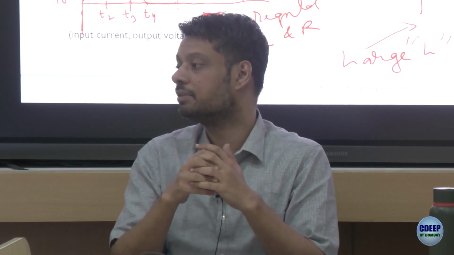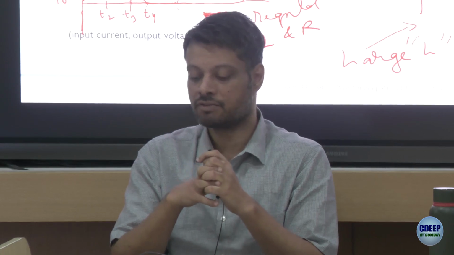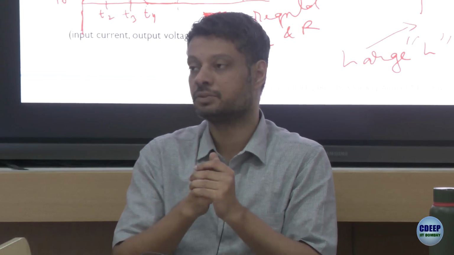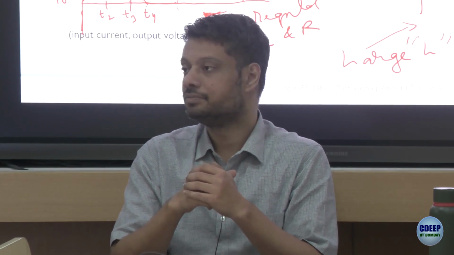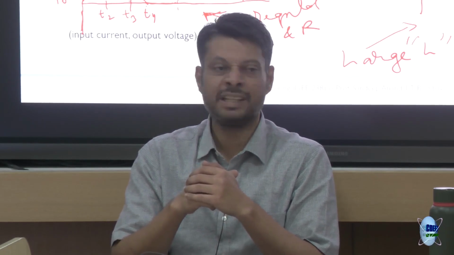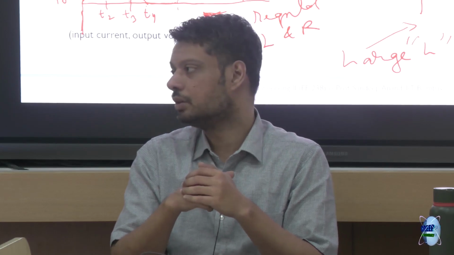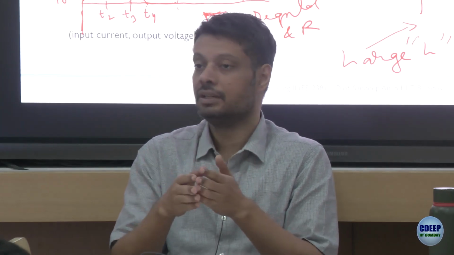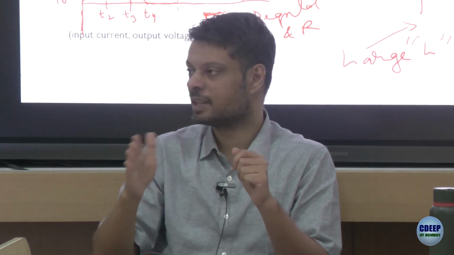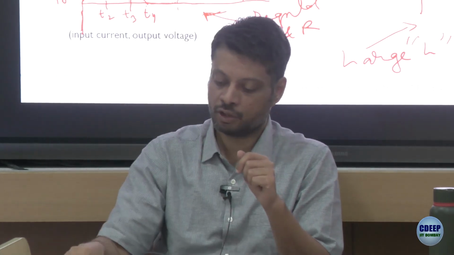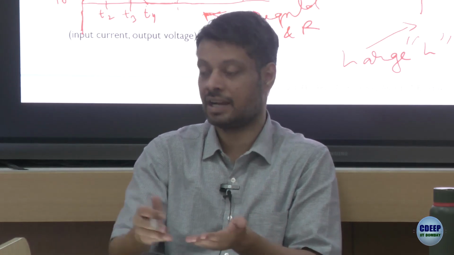But first, let's say everyone draws the output voltage waveform and the output current waveform for this large L. Whenever you are drawing these waveforms, and in this course you will be drawing a lot of waveforms, make sure they are time aligned. They are different axes, but the times are the same. On my page there are grid lines.